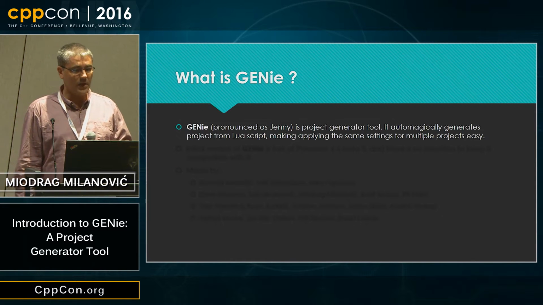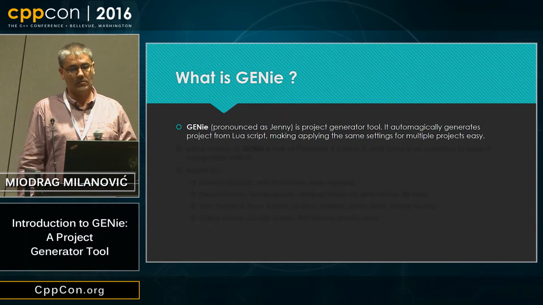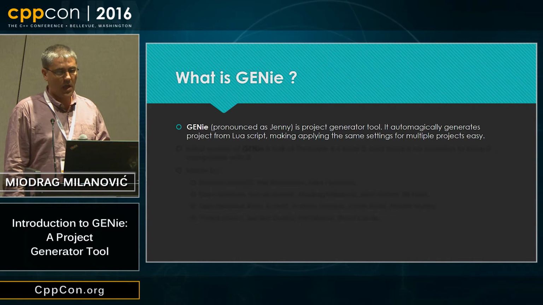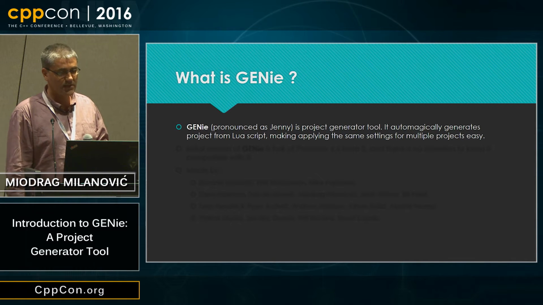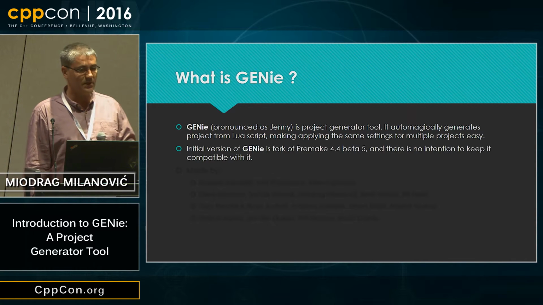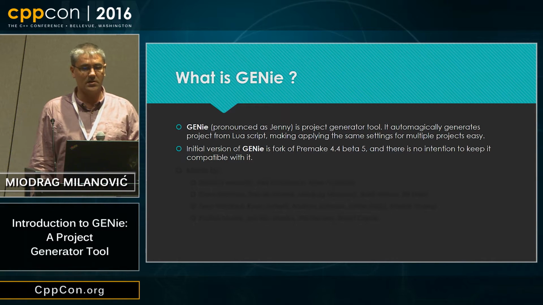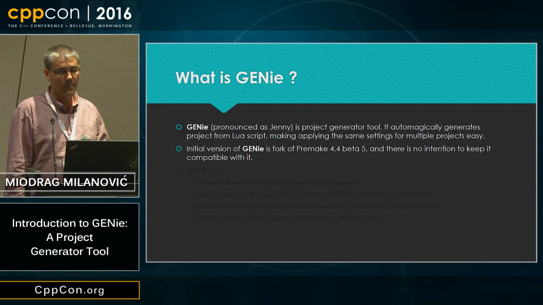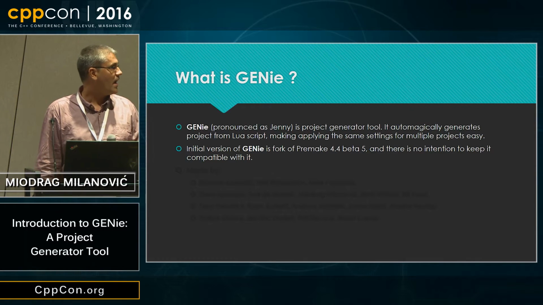And what is GENie? GENie is a project generator tool. It automatically generates projects from Lua script, and you can make it apply some settings on multiple projects easily. The initial version of GENie is a fork of Premake 4.4 Beta 5, and there is no intention to keep compatibility with it.